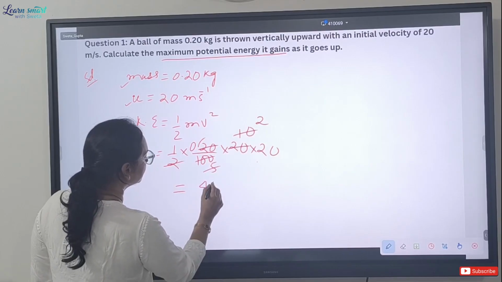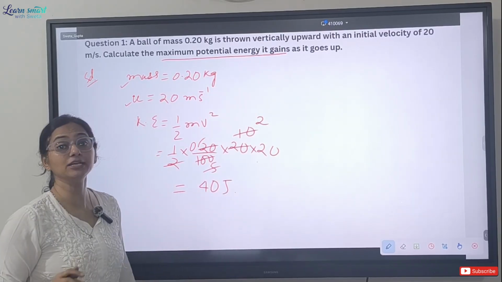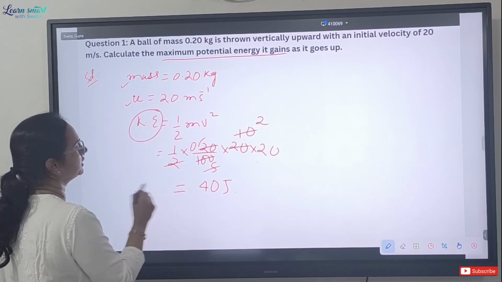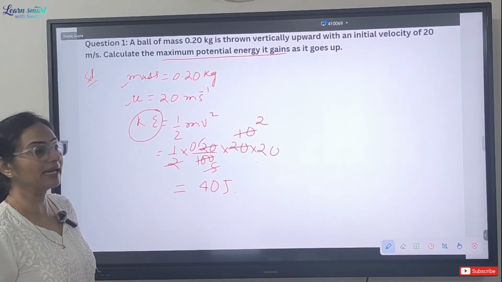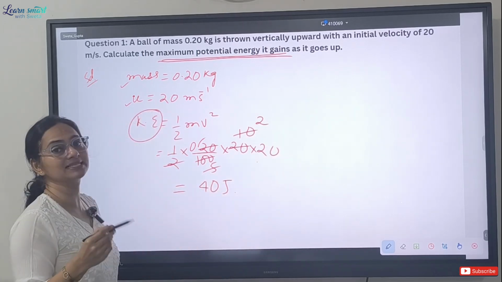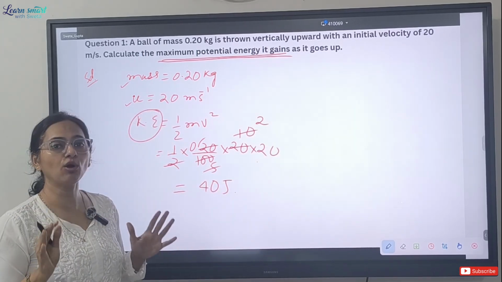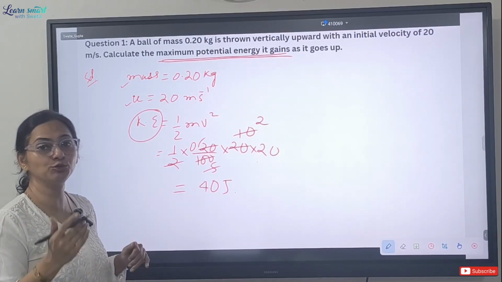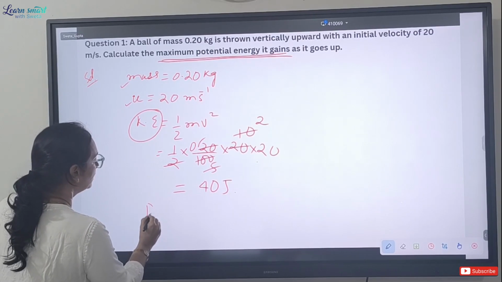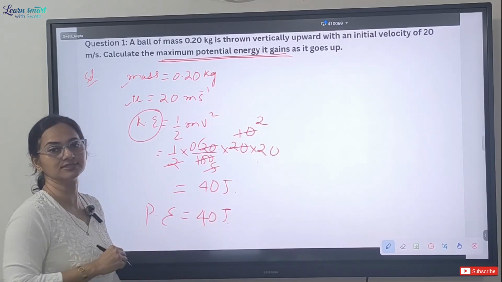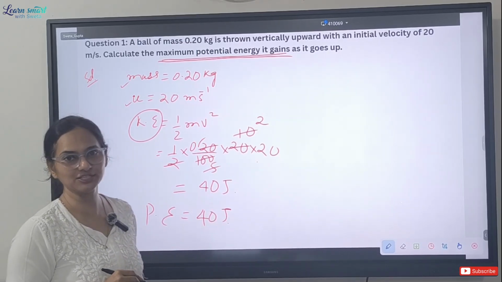So we are getting 40 joules, which means the kinetic energy is 40 joules. But they did not ask us kinetic energy. They asked the maximum potential energy it gains as it goes up. So from the law of conservation of energy, this same kinetic energy will become converted to potential energy. And therefore, the potential energy will be equal to 40 joules. Right? Let's see the next question.